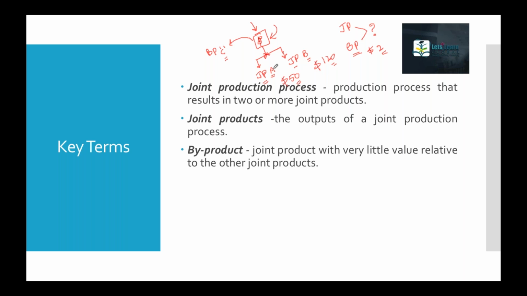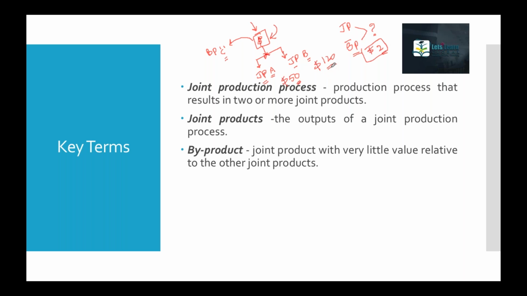So you need to classify the products derived from the joint operation as joint products and byproducts based on their selling prices. The byproduct selling price is much lower as compared to the sale price of joint products. This is where you can identify a product as byproduct or joint product.